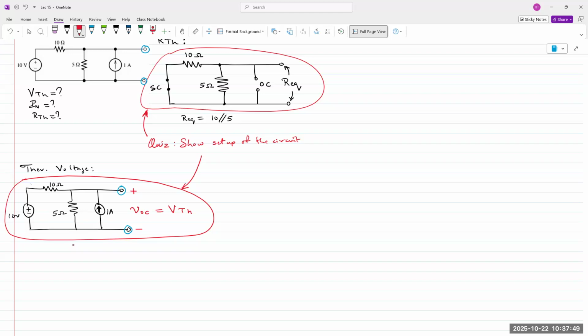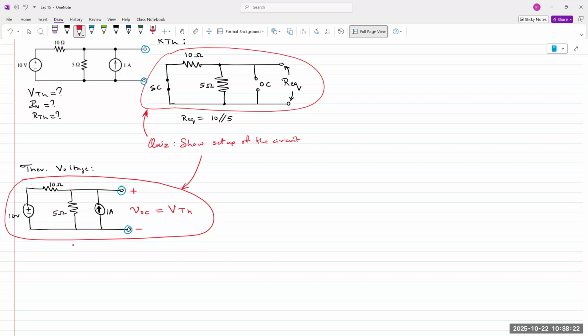So VOC will have a plus at the top, minus at the bottom. That's my assumption. But you can assume the other way around, doesn't really matter. In the end, your sign of the voltage must match the polarity that you've chosen at the top. So analyze this using any method of your choice, superposition, node voltage, mesh current, and determine that VOC. And that is your Thevenin voltage.